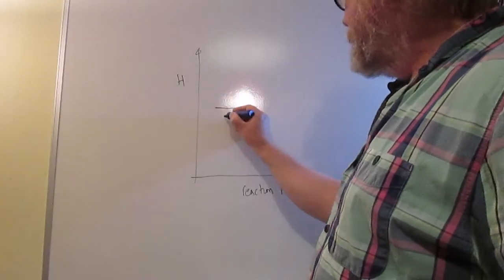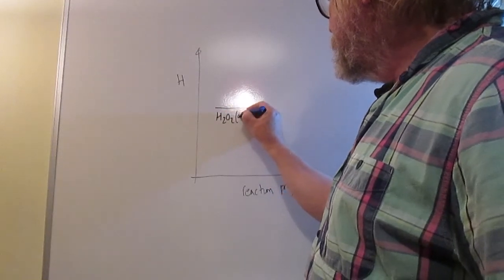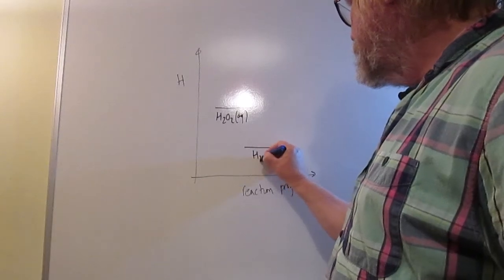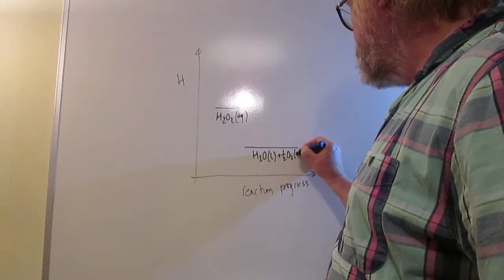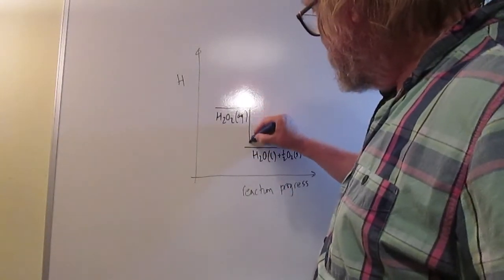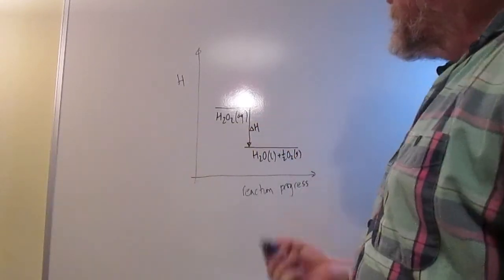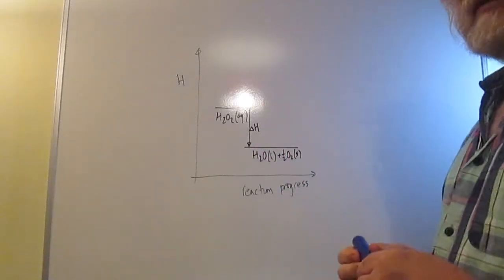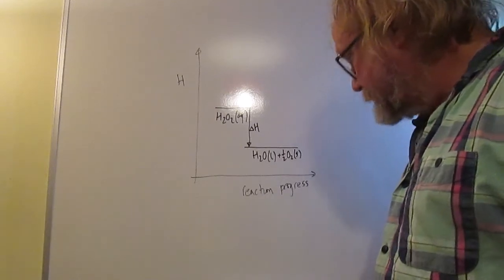So again, they've put this bit on for you, so you've got the aqueous hydrogen peroxide there, and it's an exothermic reaction, and so the products, which are water plus oxygen gas, are down there, and that is the enthalpy change of reaction. So now, the rate is controlled not by the overall enthalpy change, but by the activation energy, and that's what you need to mark on.